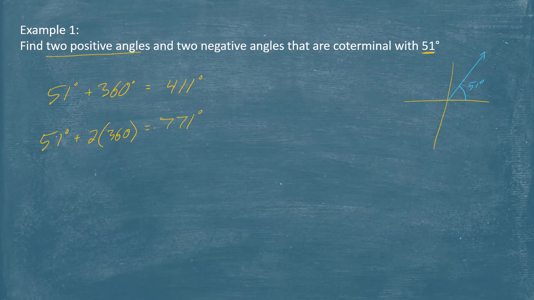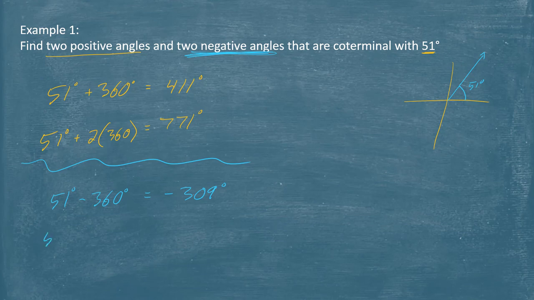Now as far as doing the two negative ones, I'll do that in a slightly different color. The two negative angles, I would start at 51, but instead of adding 360, I just need to take away some 360s until I get into the negative. For this one, being such a small angle, all I have to do is subtract one 360, and that should take me down into the negatives. That would give me negative 309 degrees.